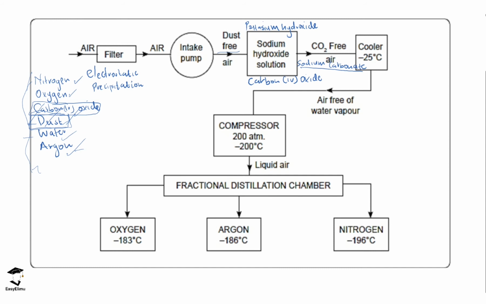So the next part, the carbon dioxide free air, is taken to the coolers, where it's cooled at a temperature of -25°C. So at -25°C, the water turns into ice, and any carbon dioxide that was not removed in the previous chamber will also be solidified in this chamber and removed as a solid.